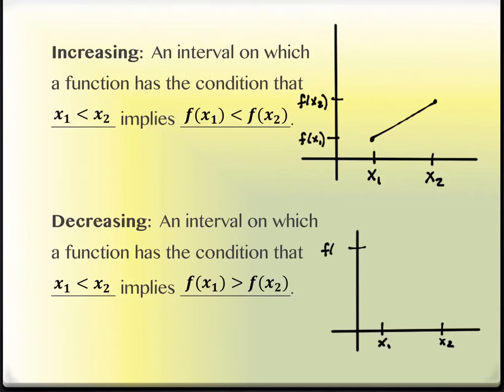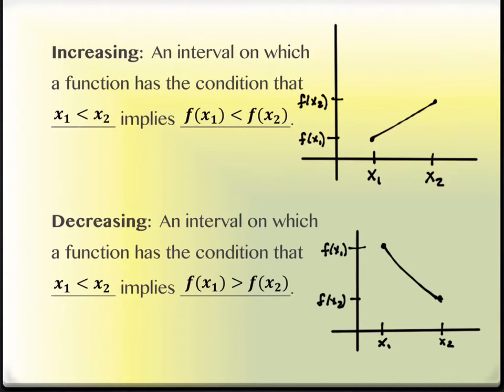So I'll put it up here. So here's f of x1. And then somewhere over here is f of x2. And again, if read from left to right, this one would be going downhill, so we call it decreasing. Okay?